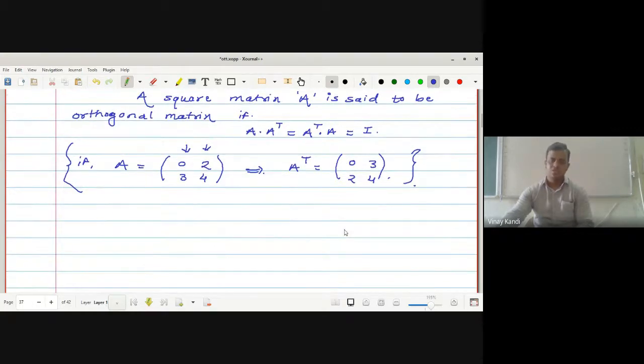One more definition is there. Look at another definition of orthogonal matrix.